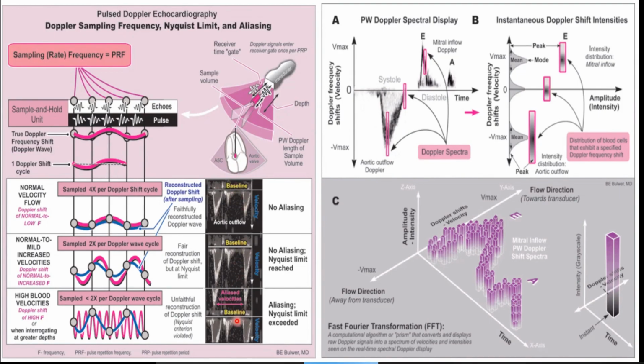But as the frequency increases, as the velocity increases, and the Nyquist limit is exceeded, the waveform which is going towards the bottom of the screen here actually comes onto the top of the screen, and this leads to errors in interpretation of the velocity, and hence if the velocity is higher, we must go for continuous wave Doppler.